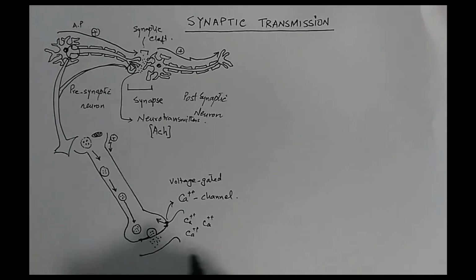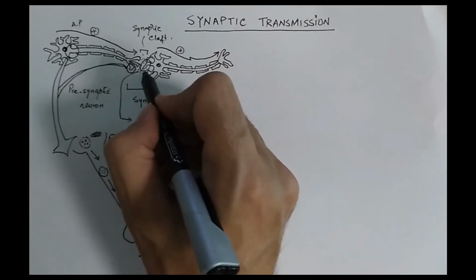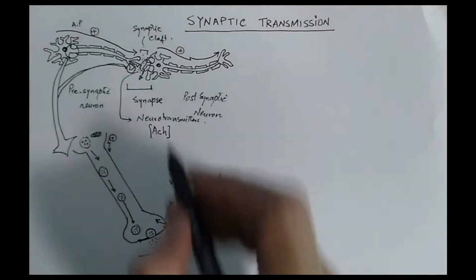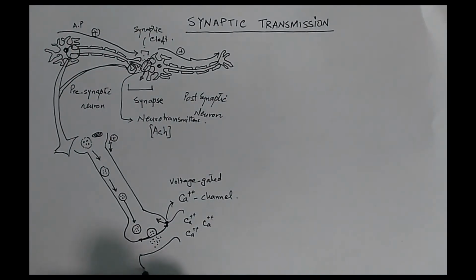Whereas the postsynaptic dendrite, this one, has specific channels for sodium and potassium.